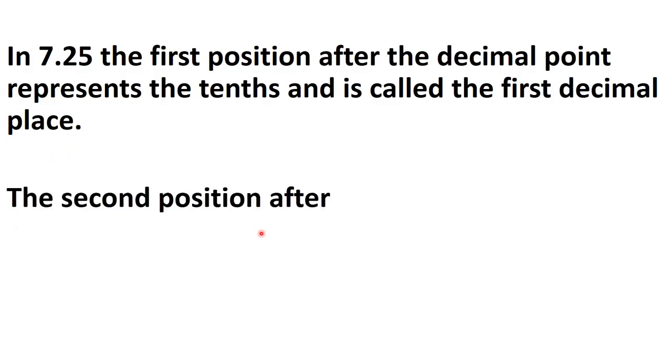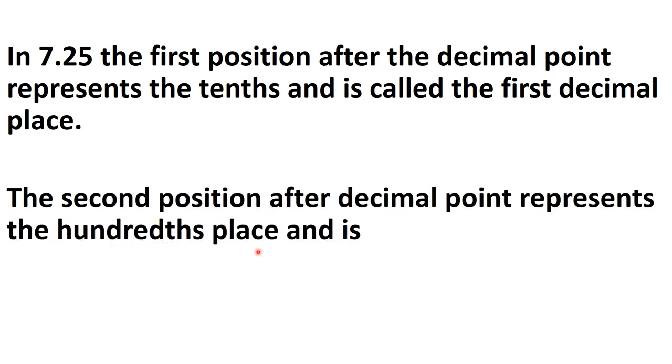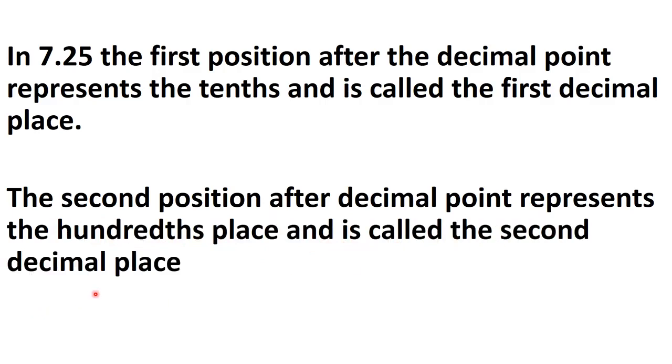The second position after the decimal point represents the hundredth place, and is called the second decimal place, and so on. So in this 7.25, 5 is at the hundredth place, and this is the second decimal place.